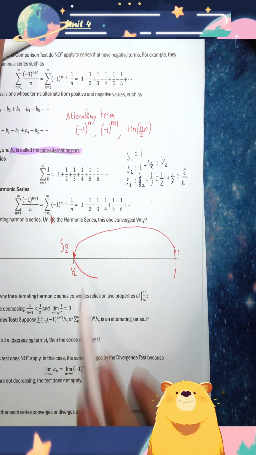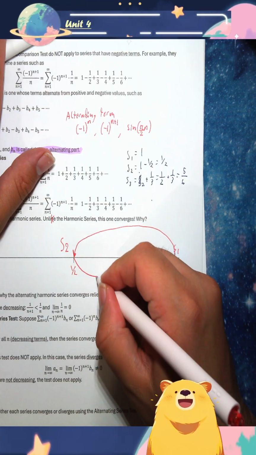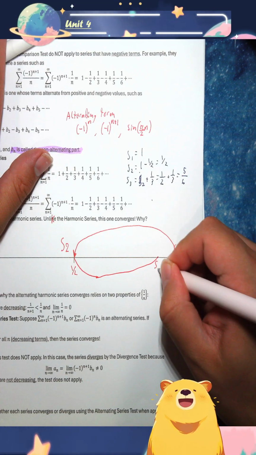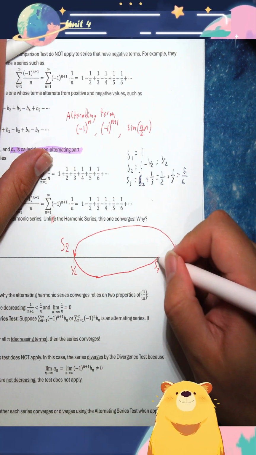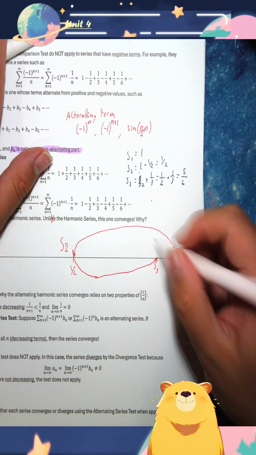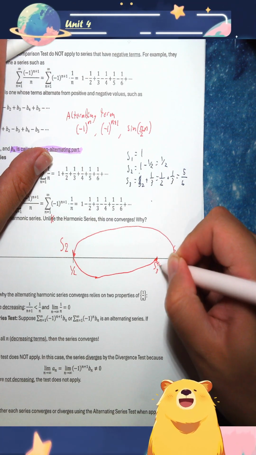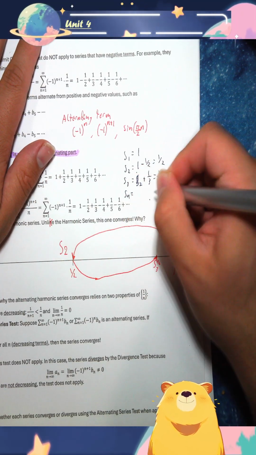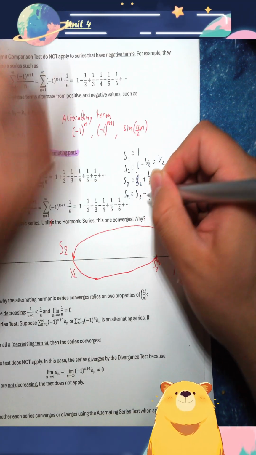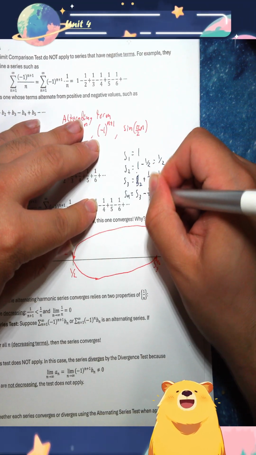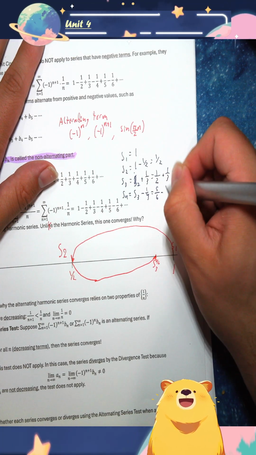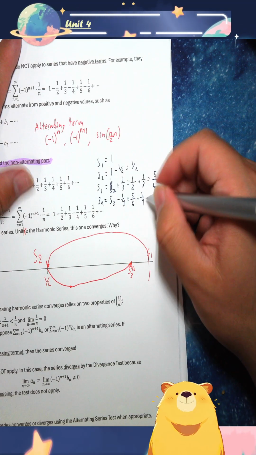So maybe we just say 5/6 is over here. S3. And we'll say this is 5/6. And then if I'm doing S4, that's S3 plus the fourth term, which is minus 1/4. So 5/6 minus 1/4.